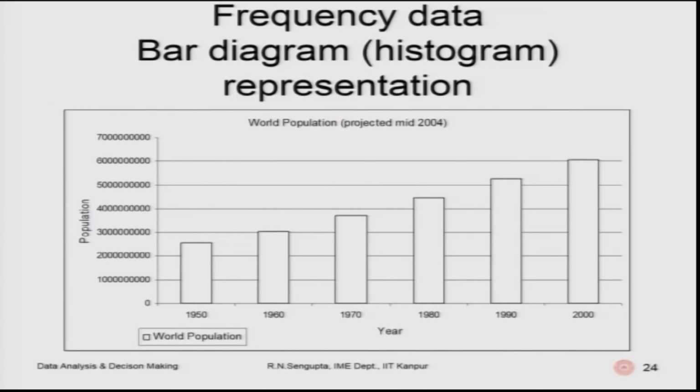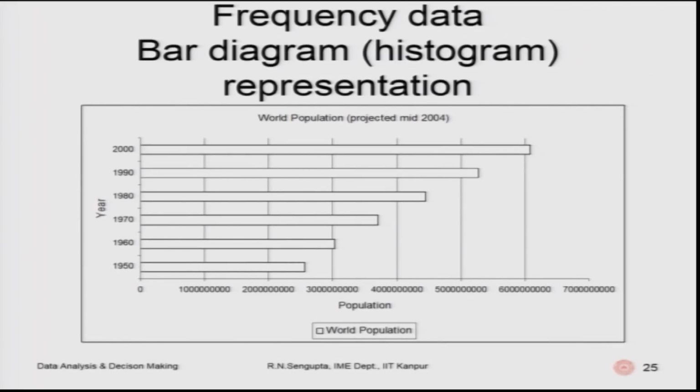Now, the frequency data diagram representation can also be done in the bar diagram, the histogram type. For example, we have the world population from 1950 to 2000, with the population given along the y axis, and the years 1950, 1960, 1970, 1980, 1990 and 2000 given on the x axis, and the height of the histogram gives you the value of the total population.